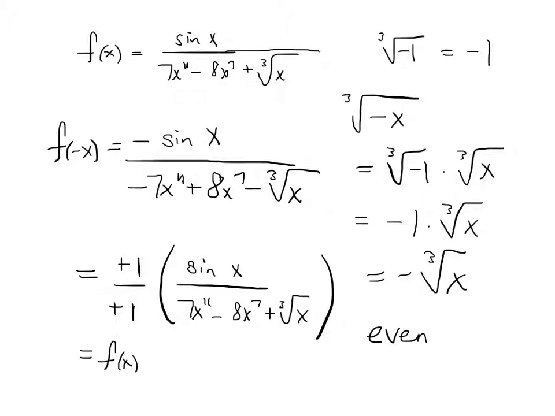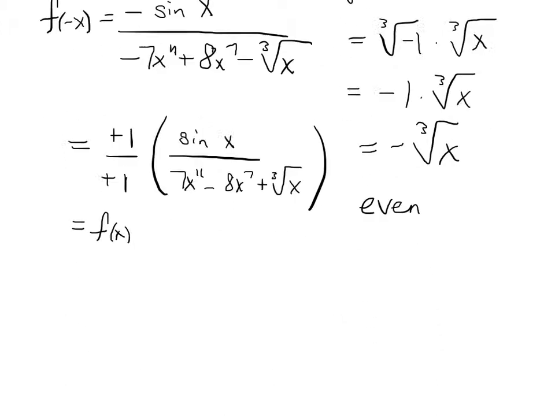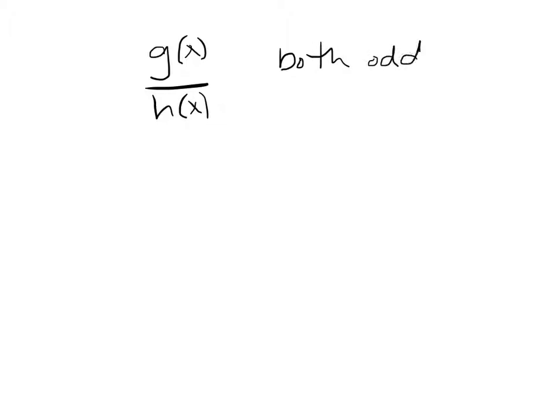But notice that what we really did in this example was we had an odd function over an odd function. So if I have g of x over h of x, and they're both odd, then it becomes even.